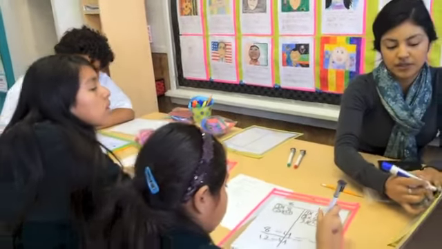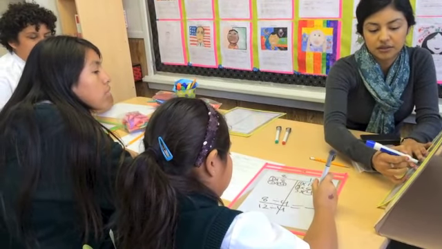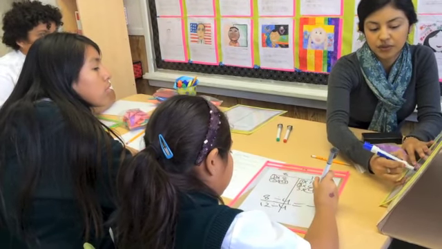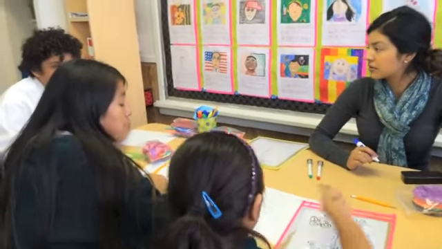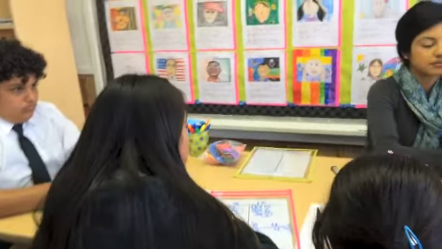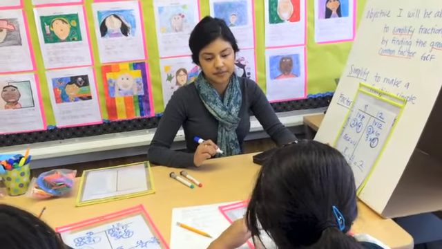What's 8 divided by 4, Nick? 8 divided by 4 is 2. Paola, what's 12 divided by 4? 3.